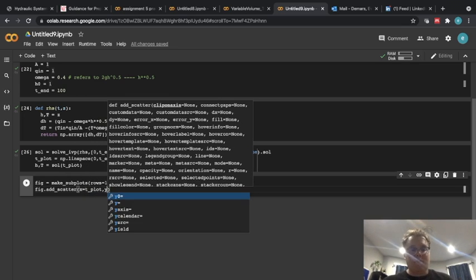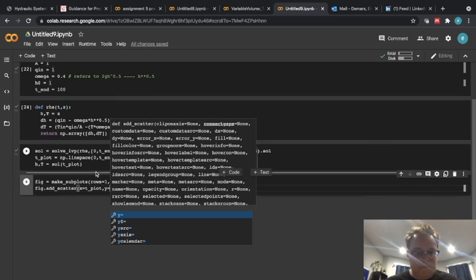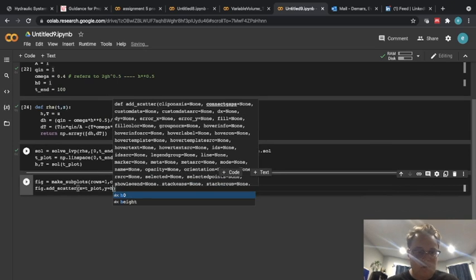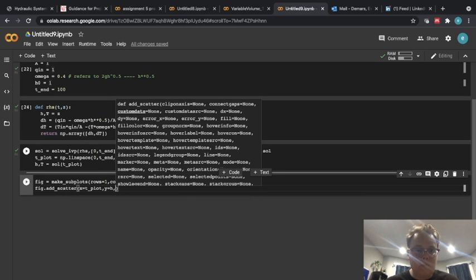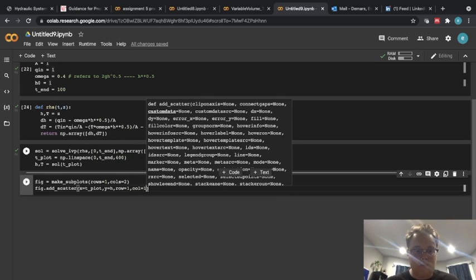And my y-axis for my first scatter plot is going to be change in h. So y is going to be equal to h. And it's going to be row 1, column 1. So row equal to 1, column equal to 1.